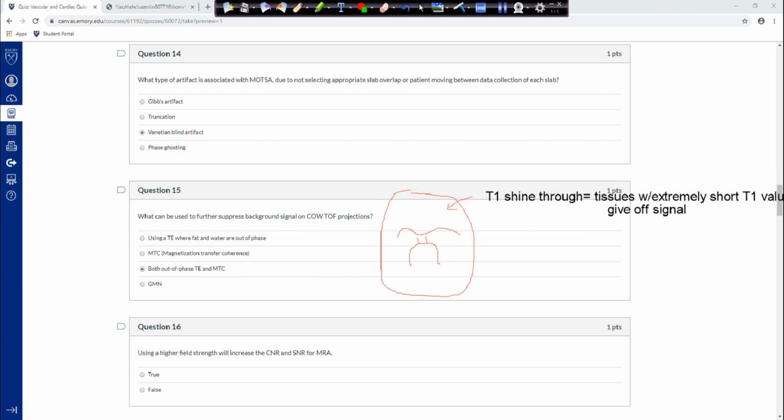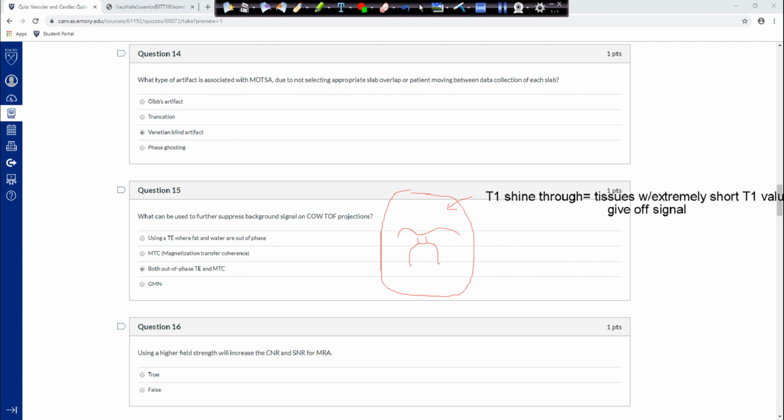So to compensate for that, we could either image where we select a TE where fat and water within a voxel are out of phase with each other, because if they're out of phase with each other, they're not going to create signal within that voxel. Or we could use magnetization transfer coherence. That's where we're actually applying an extra excitation pulse to a resonance off of water.